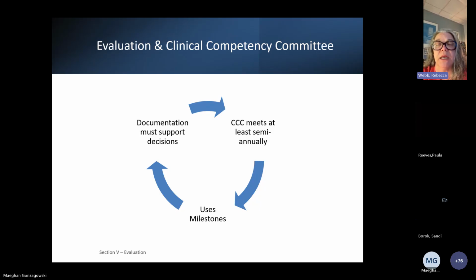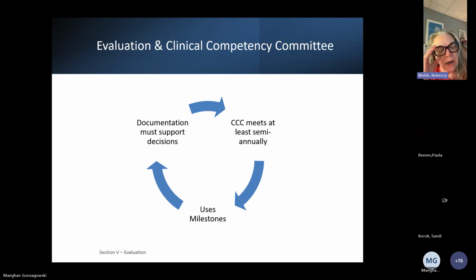Our competency committee does meet 4 times a year for evaluation of the residents, and we do 2 semi-annuals and 2 milestones. So every quarter we are evaluating our residents so that we can get a little bit extra than just the milestones discussed. I am finding this in section 5 under evaluation.